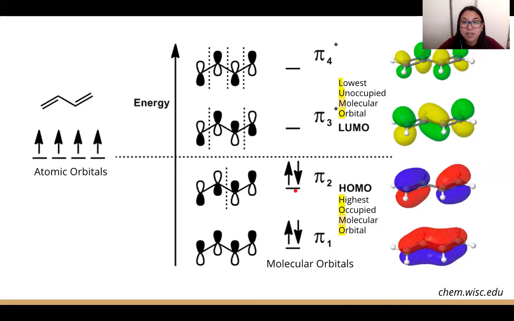So this is the highest occupied molecular orbital. And right above that, you're going to have no more electrons, so this is the lowest unoccupied molecular orbital. So that's how you draw molecular orbital diagrams for conjugated structures and figure out the HOMO and the LUMO.